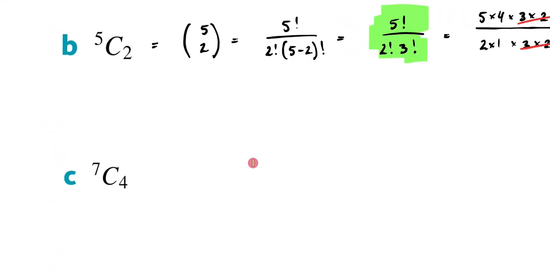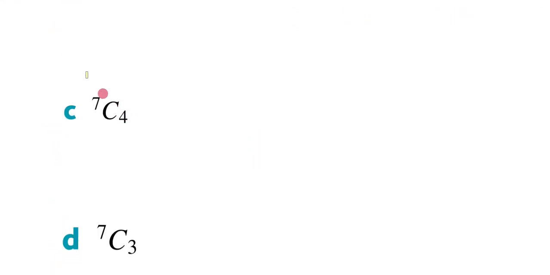So C is 7C4. We know that we could represent that as 7 and 4.